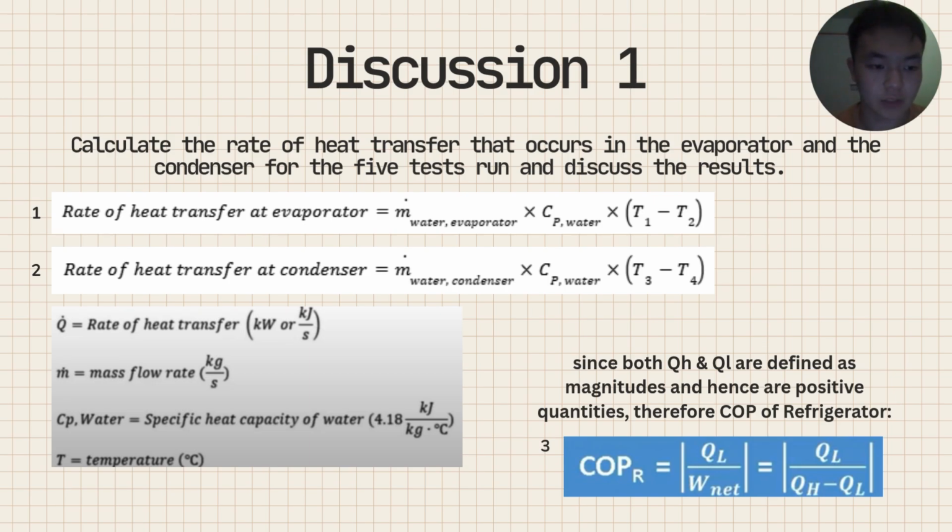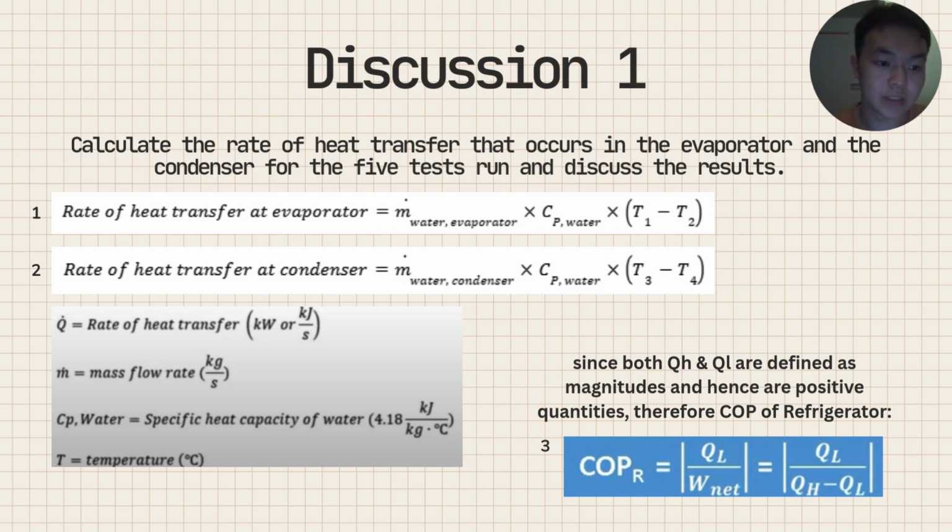For discussion one, the question is: calculate the rate of heat transfer that occurs in the evaporator and the condenser for the 5 test runs and discuss the result. The first equation is the rate of heat transfer at the evaporator equals the mass flow rate, m evaporator, multiplied by the specific heat capacity C of water multiplied by temperature 1 minus temperature 2.